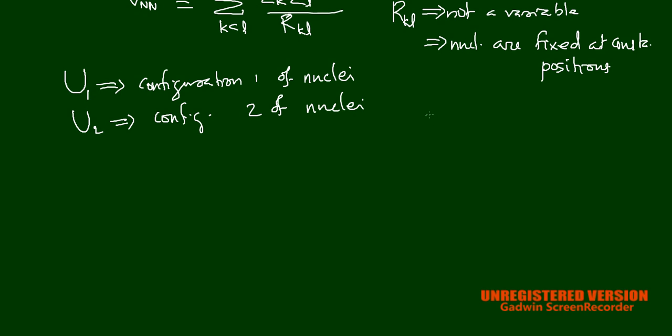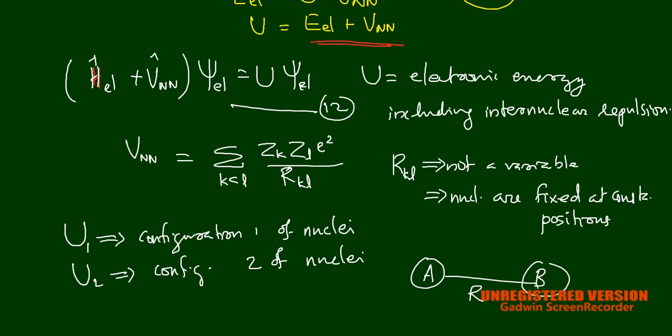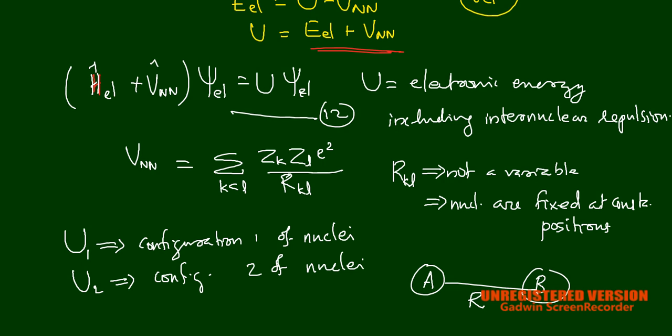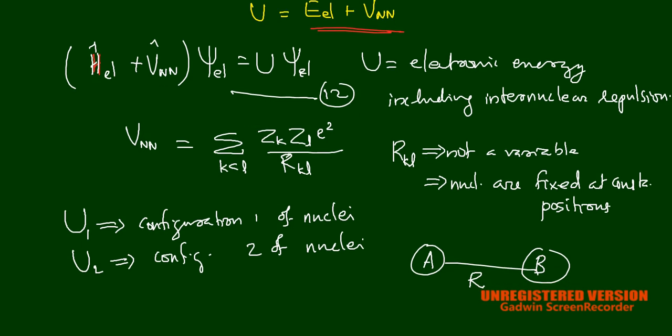Atom A is connected to atom B, and you have only one RKL value here because you have only two nuclei. Therefore, the distance between nucleus A and nucleus B is R. You are going to solve the electronic Schrodinger equation 12 for this system.